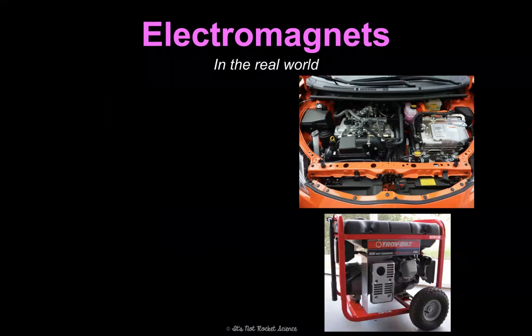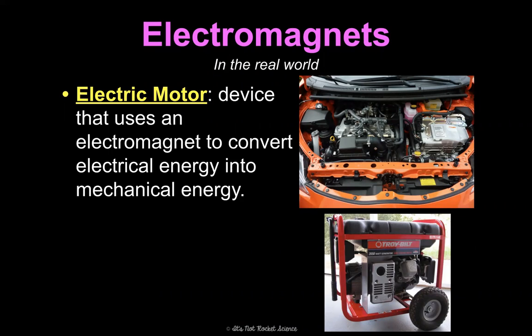And here are some electromagnets in the real world. An electric motor is a device that uses an electromagnet to convert electrical energy into mechanical energy. Okay. Electrical energy happens when the gasoline is combusted inside of the motor.